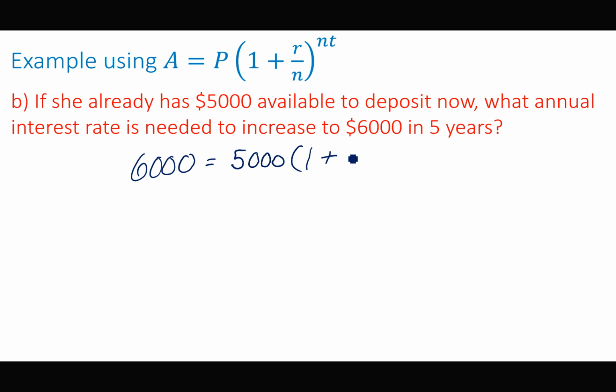We're going to have 1 plus r over n, but our n is 1, so I'm just going to say 1 plus r, because we're still doing it annually, raised to the 5th power. So now in this one, we're trying to find that rate. All right, well, we can divide 6,000 divided by 5,000. I'm just going to simplify that right away. That's 6/5 is 1 plus r raised to the 5th power.